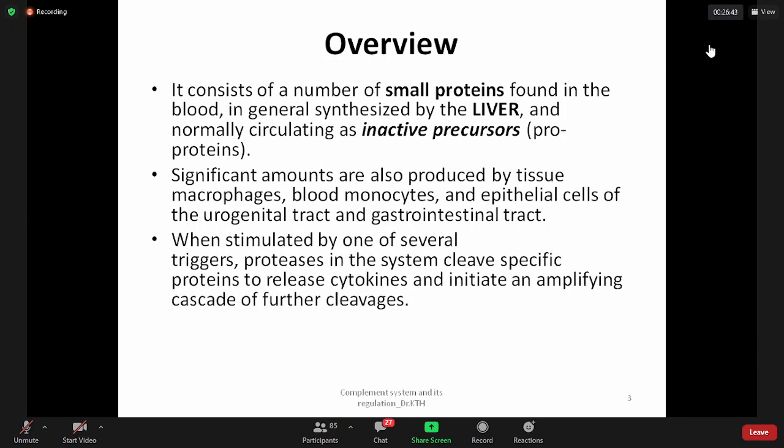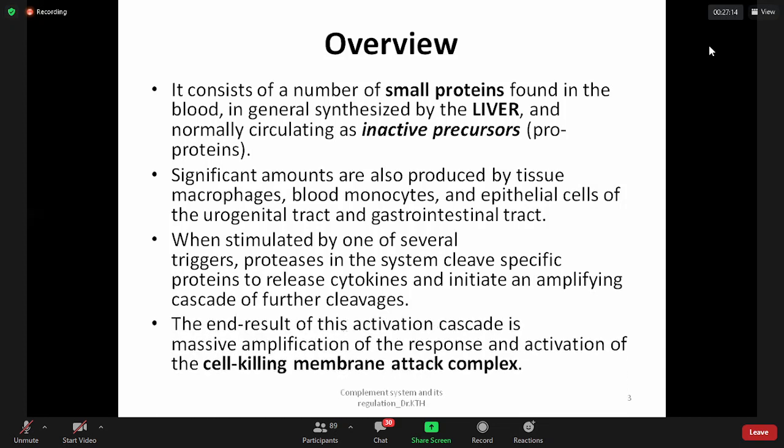So when one of these proteins is stimulated, you end up with a cascade of events that involves proteases acting on specific proteins to release cytokines, and then this ends up initiating and amplifying a cascade, which causes further cleavage. And like I'll be showing you, these cascades are so important because failure of one of these cascades means that you cannot end up getting activation of the complement.